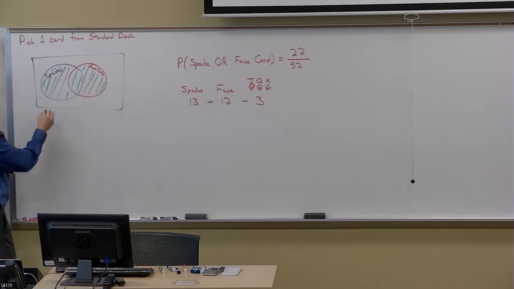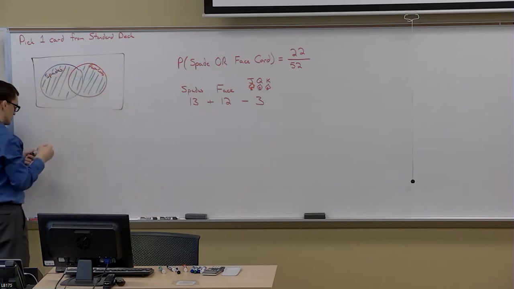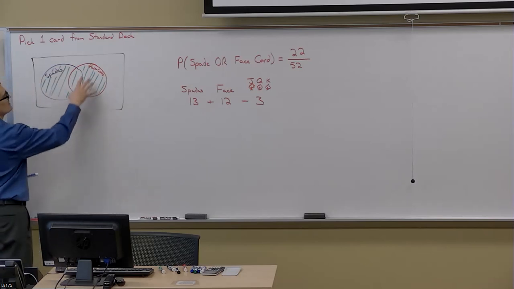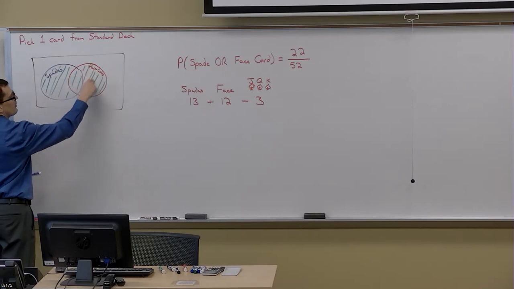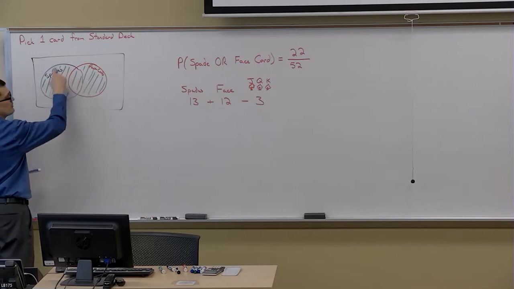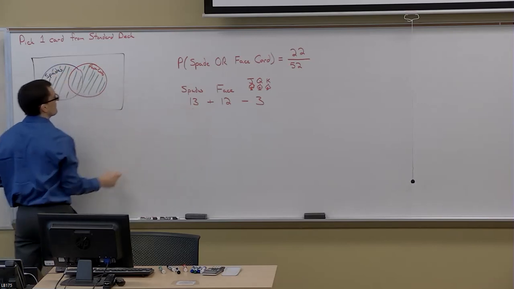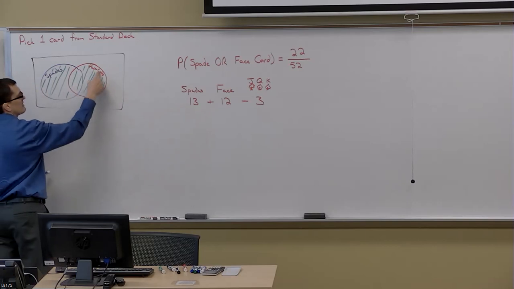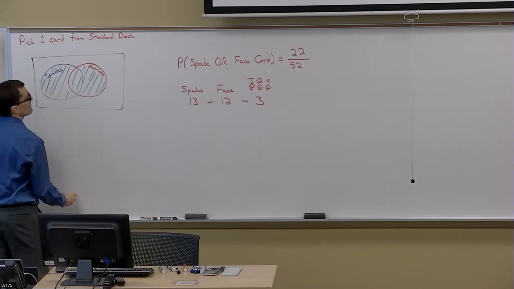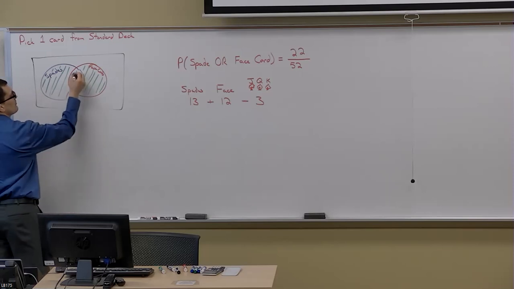And so what you have to do is you have to add up the blue circle together with the part of the red circle that's left out. And the way we do that is you do blue plus, I take the face cards, and then I subtract sort of where they overlap here.